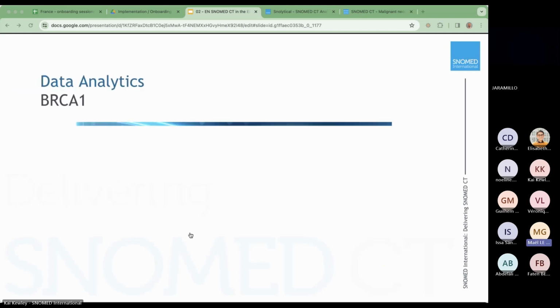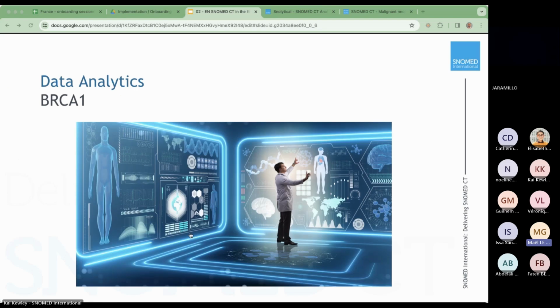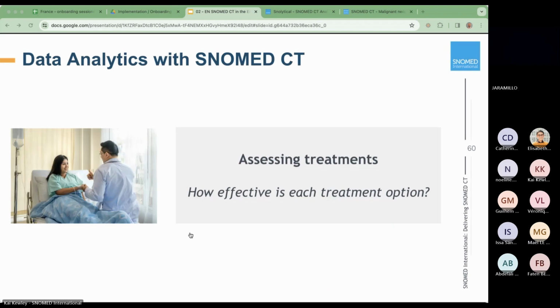So let's take a look at a data analytics scenario that leverages the SNOMED CT hierarchy to do clinical data selection. We're going to look at assessing treatments and how effective treatment options are at preventing certain outcomes.